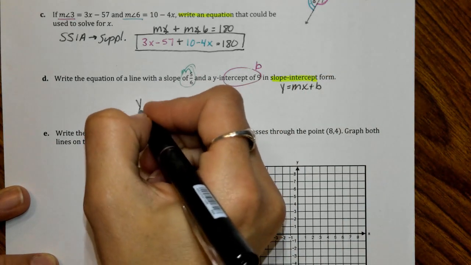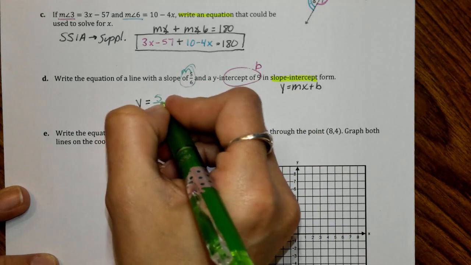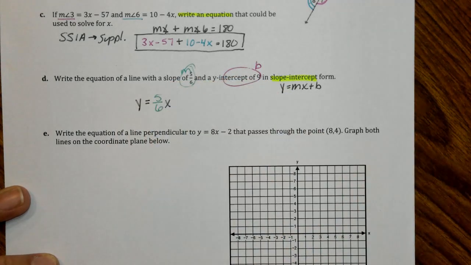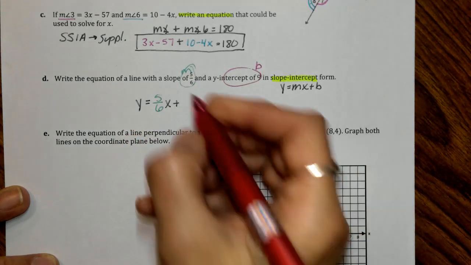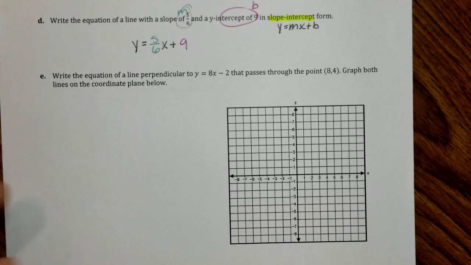So we have y equals your slope, which was 5 over 6, 5 over 6x, and then we have plus b, so we have plus 9. Done and done, and we move on.